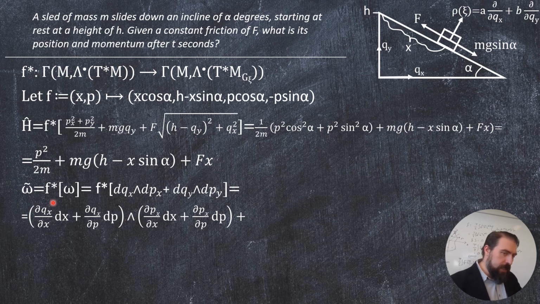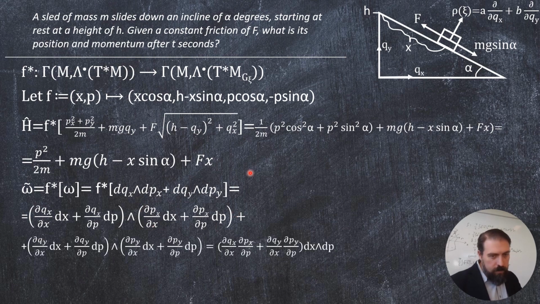So for qx, I'll just use this expression, differentiated by x, and that with dx plus that with dp will all together just be dqx, right? This is the differential of dqx. And then I need to wedge that with dpx, and all of this is just dpx. And then this term is the dqy, and this term here is the differential of dpy.